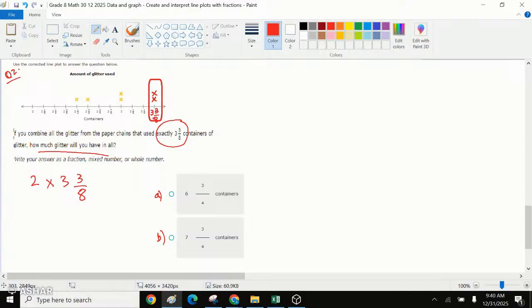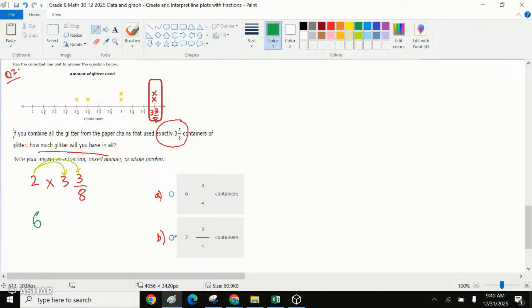see, when we look at both the options, option A and option B, we do not even have to worry about what the fraction would be, because option A says 6 whole 3/4 containers and option B says 7 whole 3/4 containers, right? But when we multiply 2 by 3, we already get 6 as the answer.